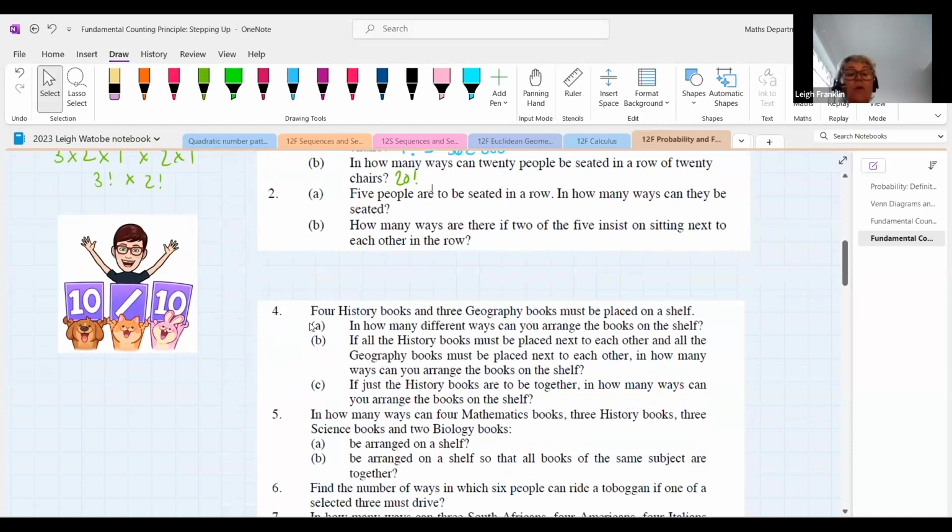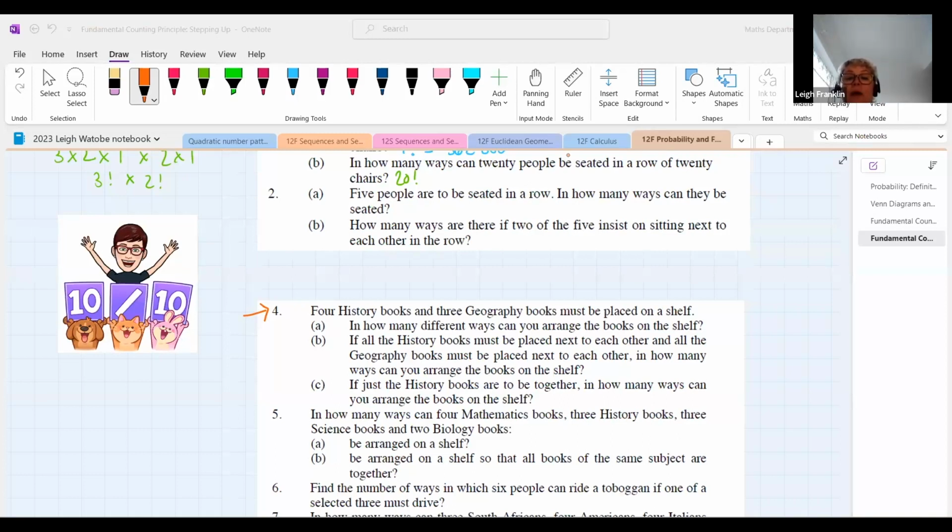Okay, so in question number 4, let's look at this one now. Question 4. 4 history books and 3 geography books must be placed on a shelf. So in how many different ways can you arrange all the books on a shelf? What do we think? So there are 4 history books and 3 geography books. They're going to be placed on a shelf.